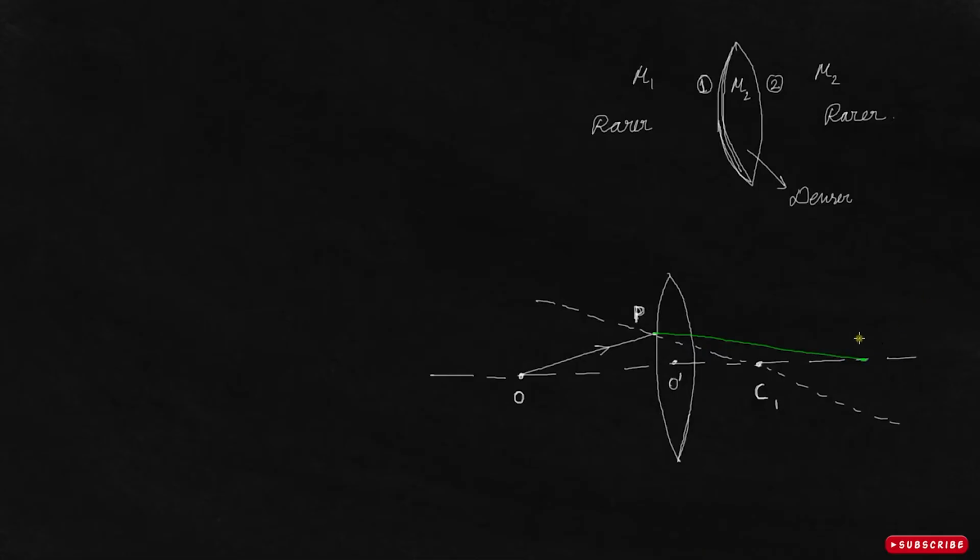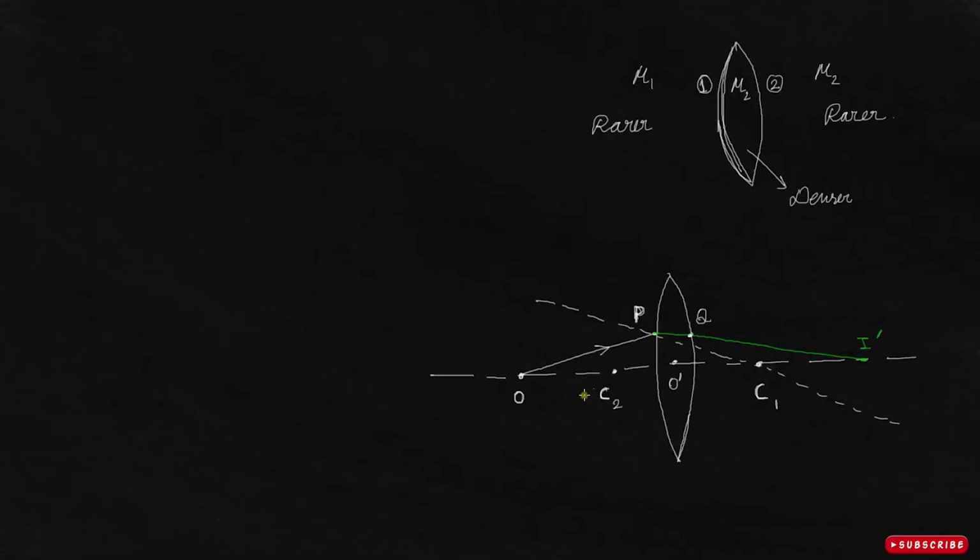So an image I dash is formed in here. But we have a second surface, that is this curvature. Let's mark that point as Q. At Q also it will undergo refraction. When you extend the second surface, its center of curvature C2 will be somewhere here.